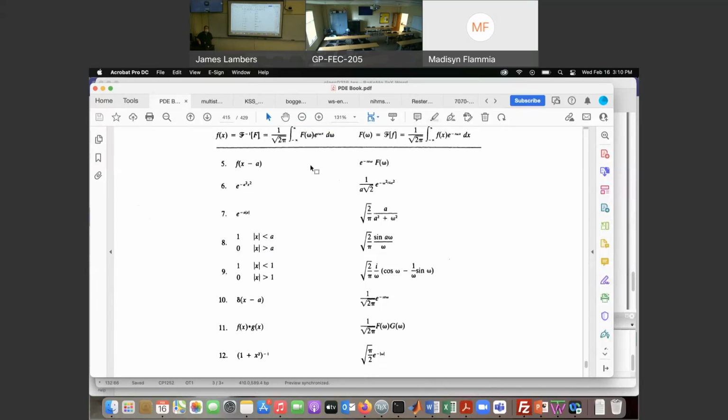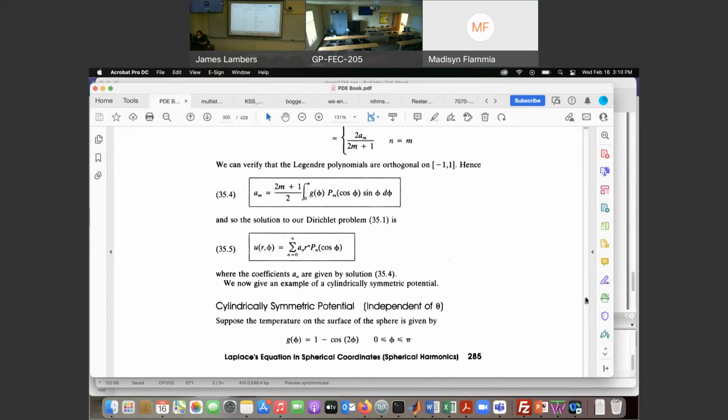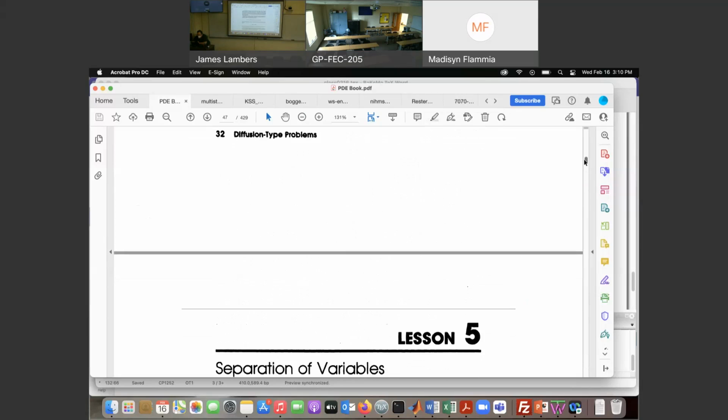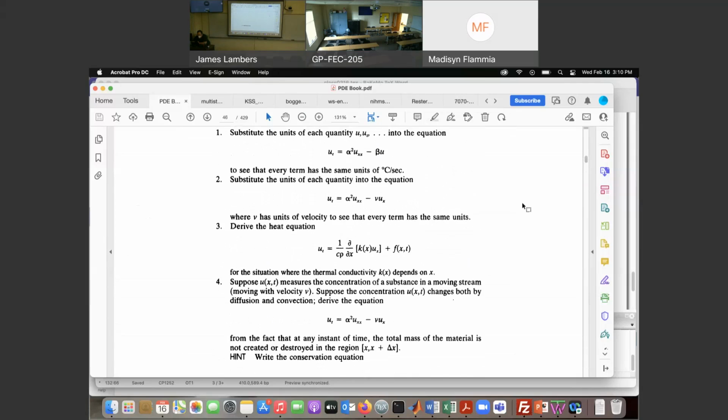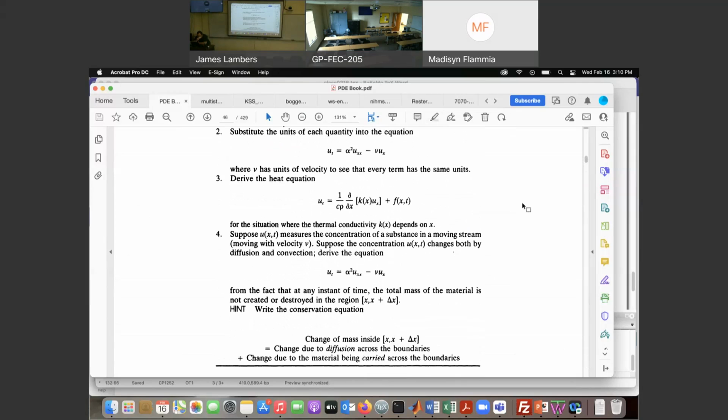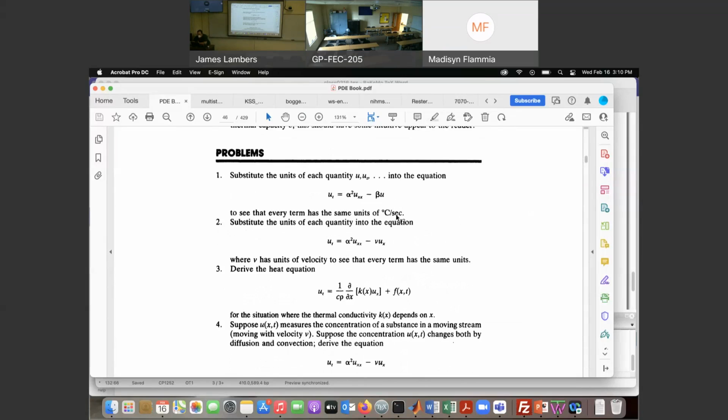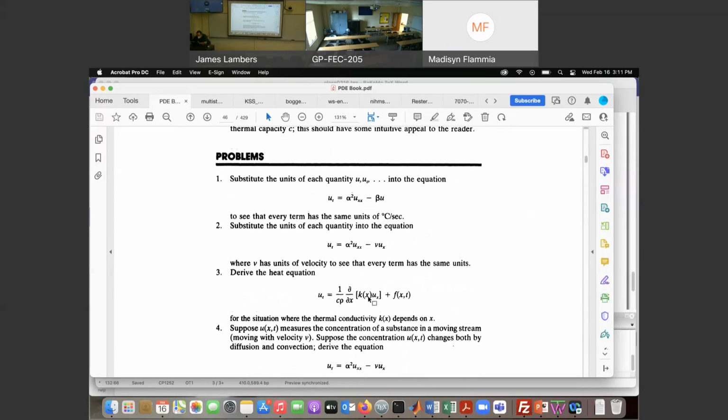This is lesson 4, problem 4, where you have to derive the heat equation using k as a function of x. And lesson 4, problem 3. Yeah, sorry.